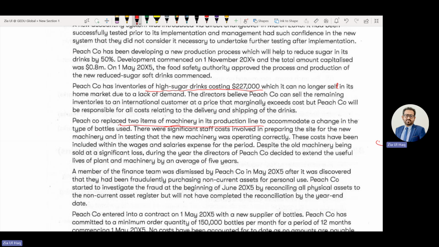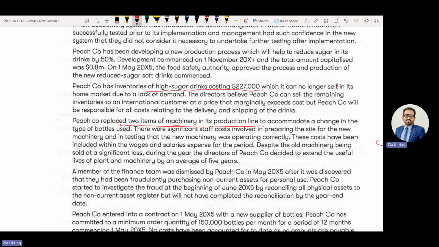There were significant staff costs involved in preparing the site for the new machinery. If that staff cost is incurred to enhance productive capacity of the asset, that should be capitalized.